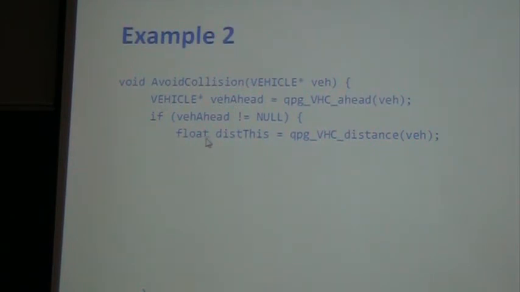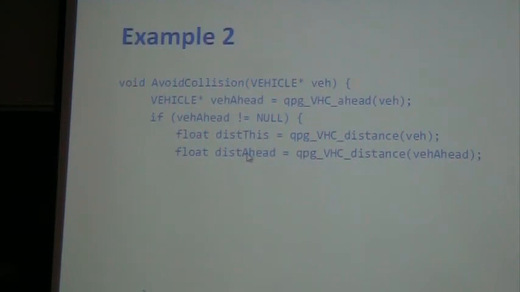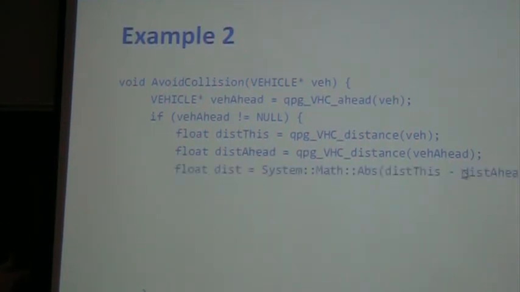So we get a float variable indicating the distance of this vehicle to the center of intersection using their function. Then we use another function to get the distance between the ahead vehicle and the center of intersection. So their difference will be equal to our relative distance.